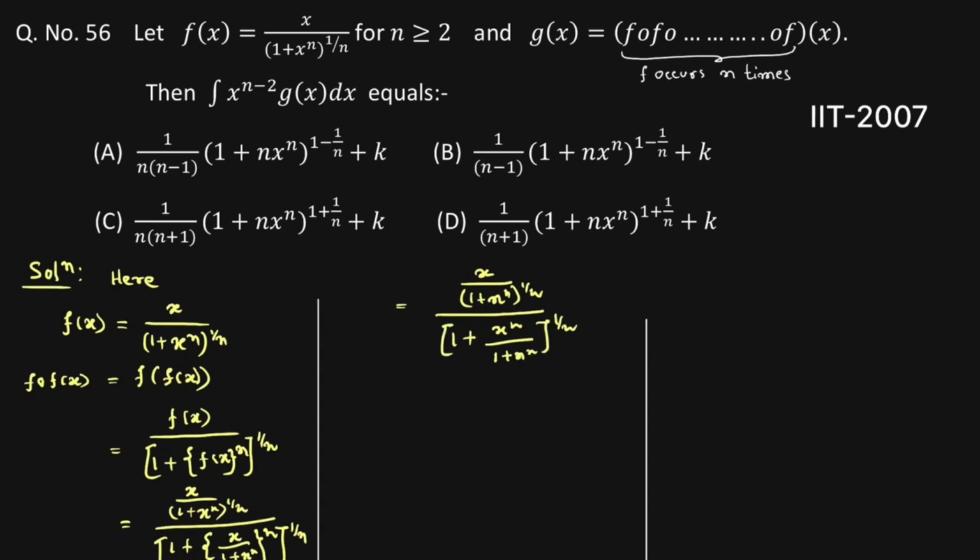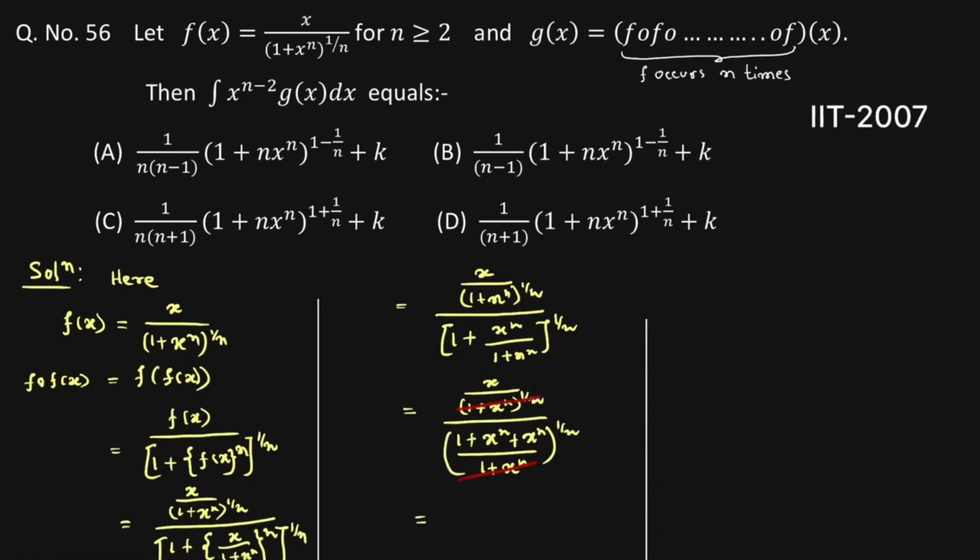So that x divided by (1 plus x to power n) to power 1 by n divided by ((1 plus x to power n plus x to power n) divided by (1 plus x to power n)) whole to power 1 by n. After that we cancel this part with that part.